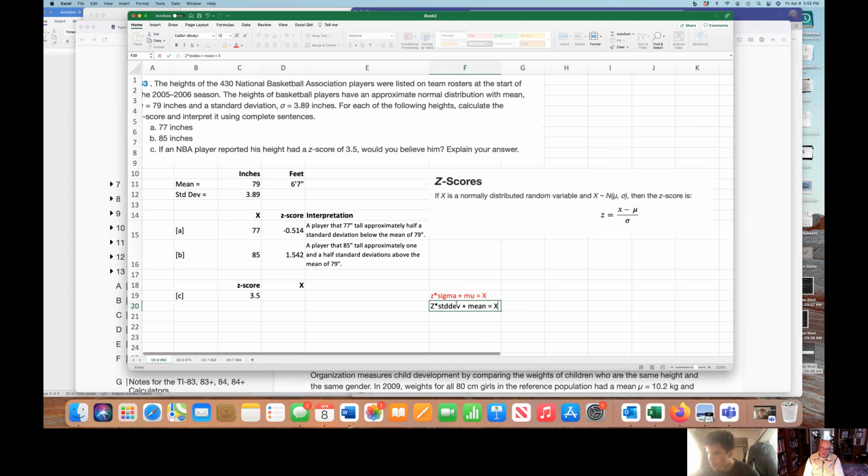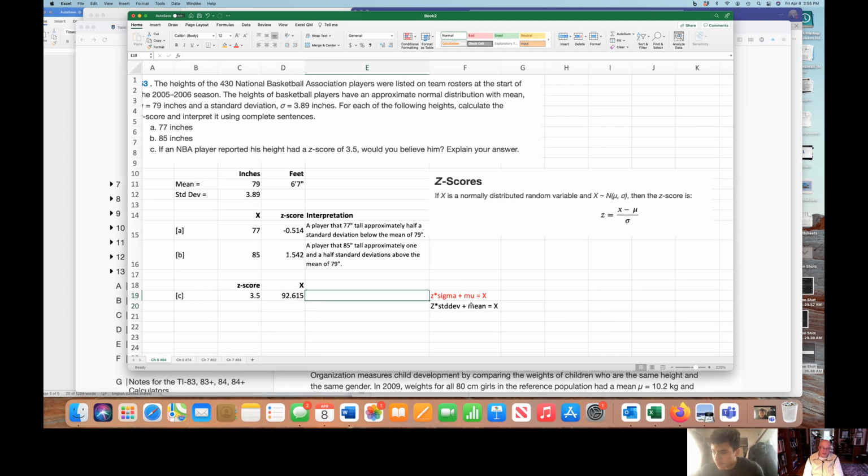So there's 3.5. I want to multiply it by the standard deviation. 3.5 times standard deviation plus 79 inches tells me the person is 92 inches tall.